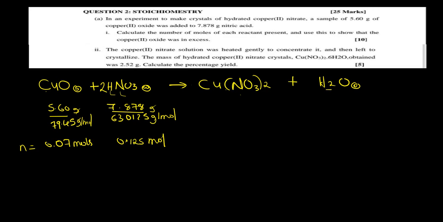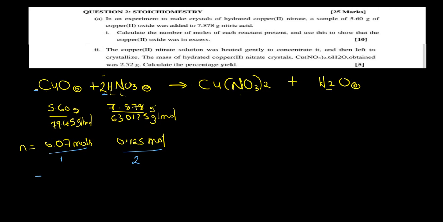So from here you divide by their coefficient. This is the trick that I'm teaching you. After you find the moles, divide by these coefficients. So here we divide by 2 because this is the 2 we have there. Then here we have only 1, so we divide by 1.